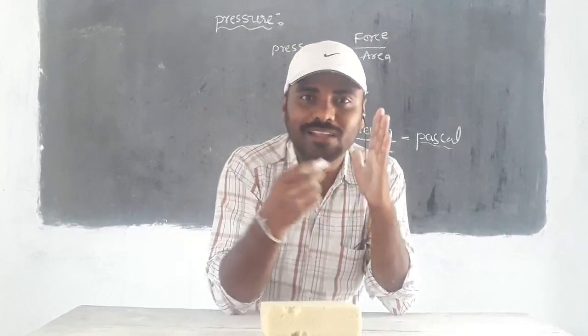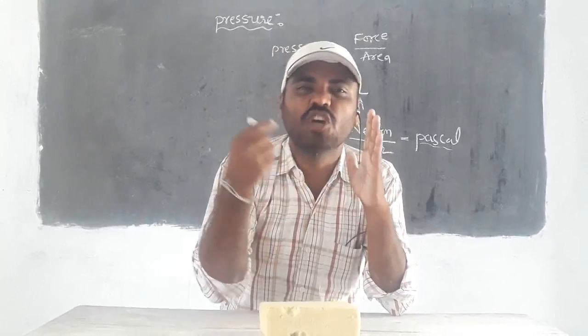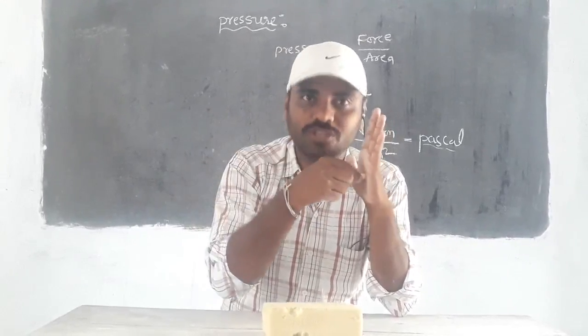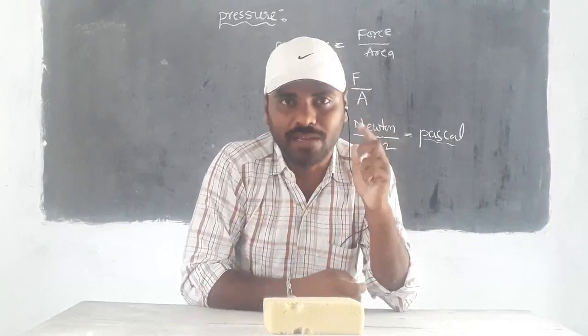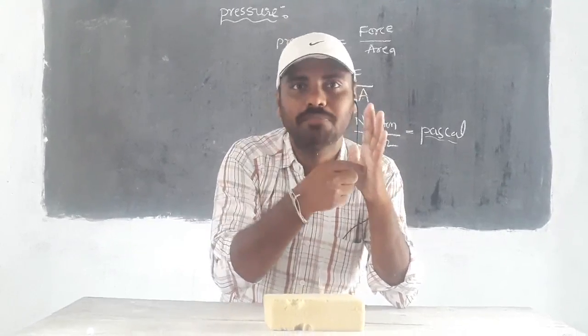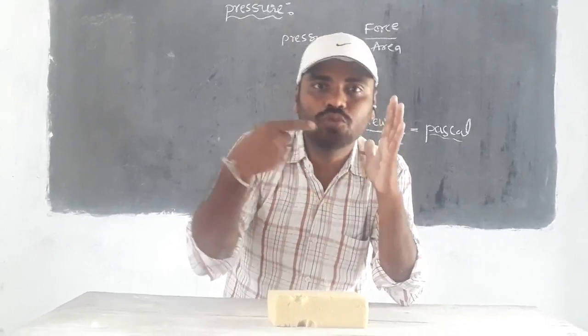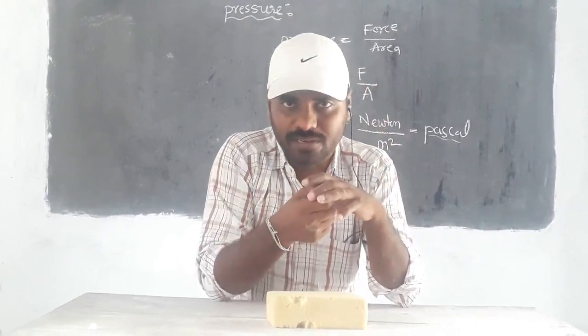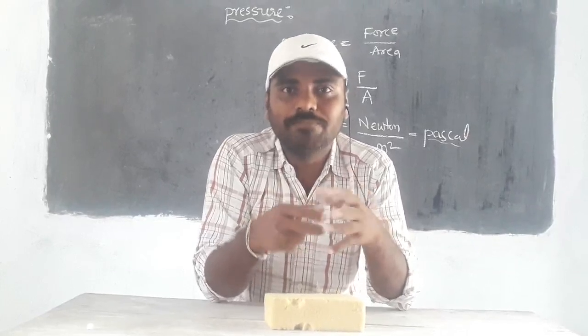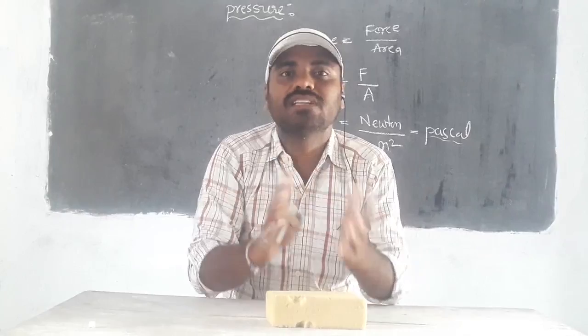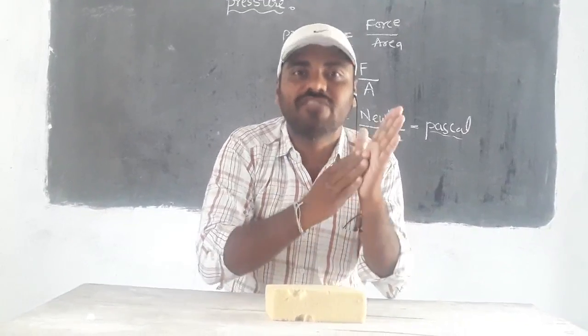Then reverse it, meaning use the sharp nib, and push on the palm of your left hand. Then you will get more pain, because with the sharp nib it can show more pressure. Further, you are able to notice the pain, or not. So that is the example of how pressure changes based on surface area.